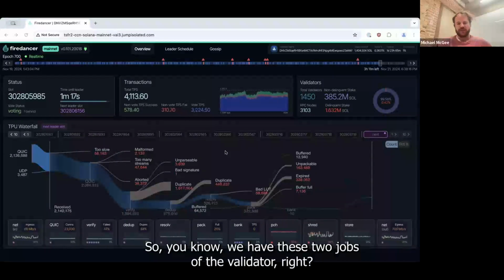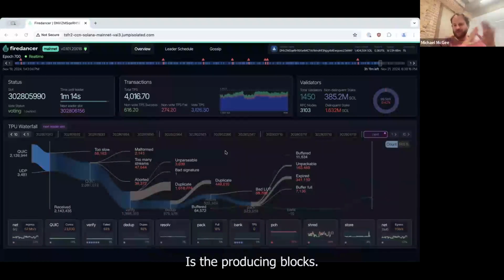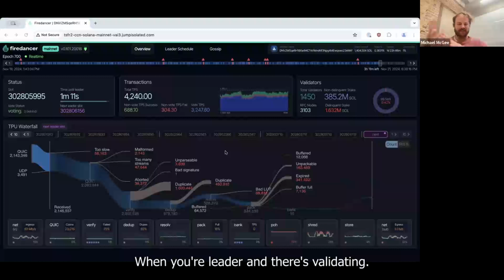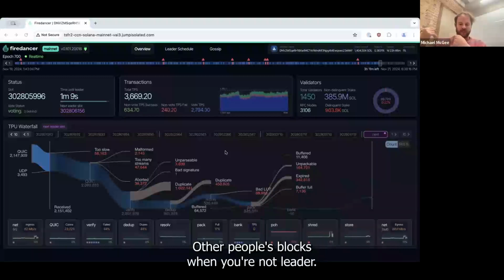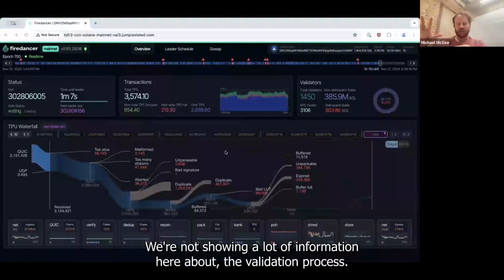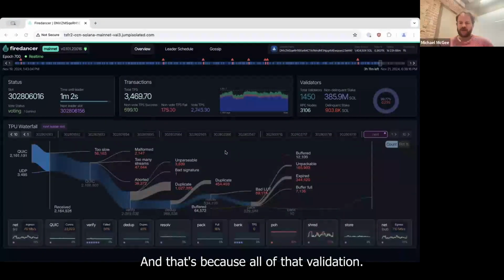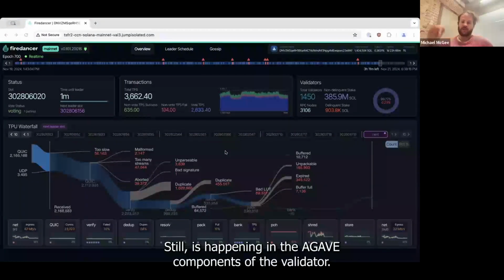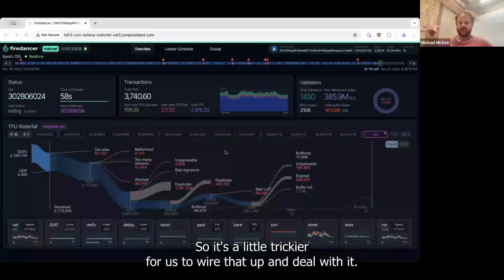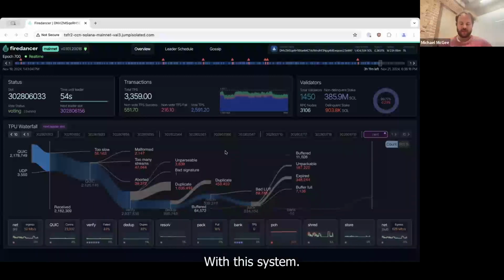So we have these 2 jobs of the validator, right? There's producing blocks when you're leader, and there's validating other people's blocks when you're not leader. We're not showing a lot of information here about the validation process.